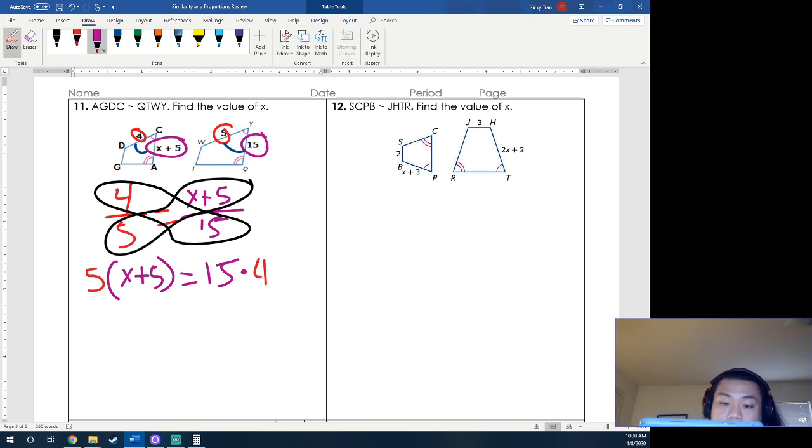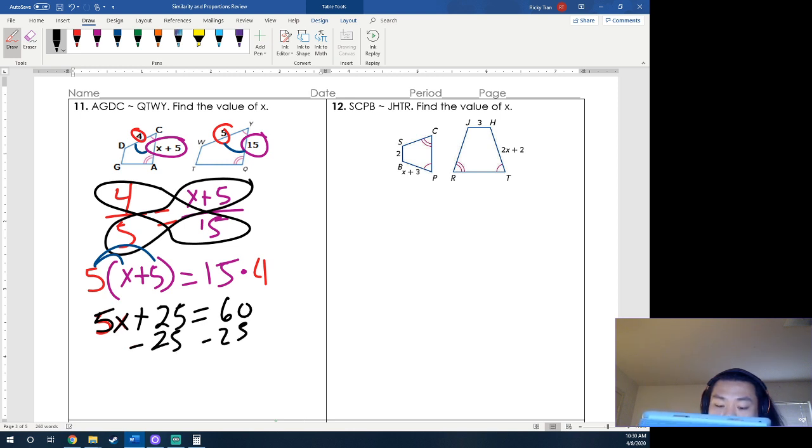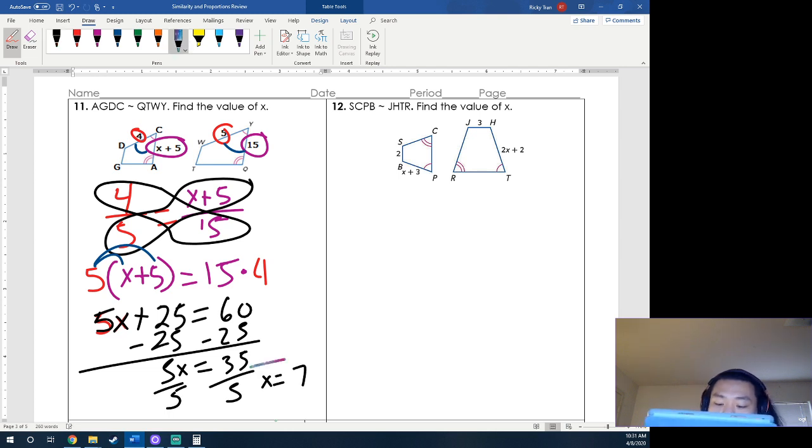Again, right here, you have to distribute. So we have 5x plus 25, because 5 times 5 is 25, is equal to 15 times 4, or 60. Subtract 25 from both sides. We have 35 is equal to 5x. Divided by 5 on both sides, x is equal to 7.